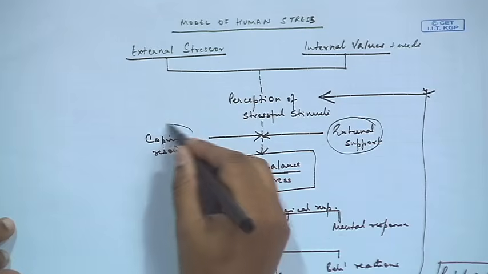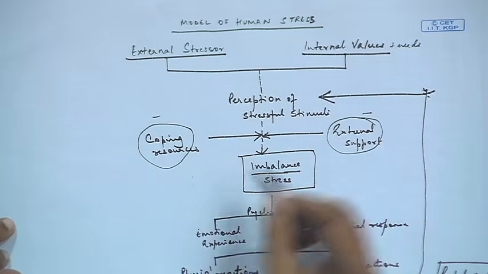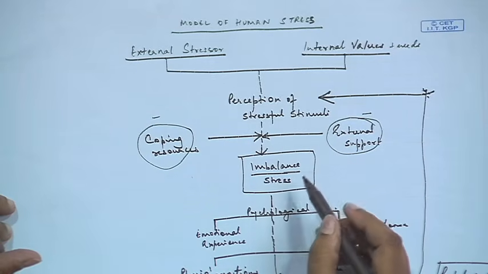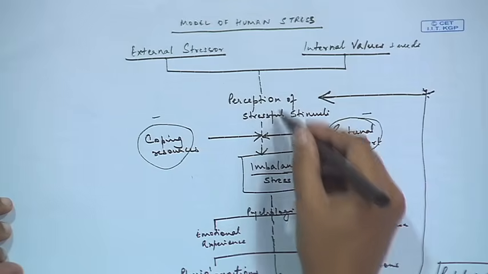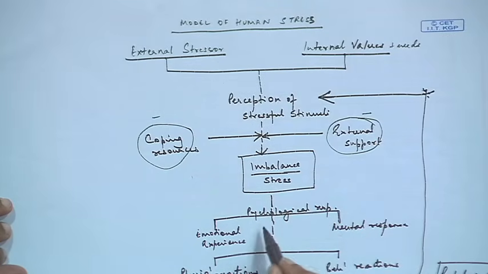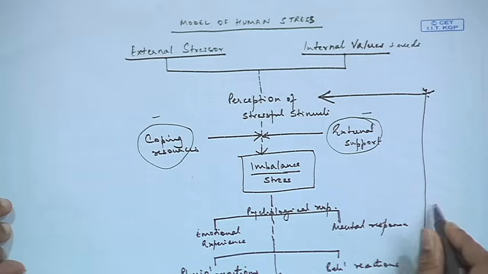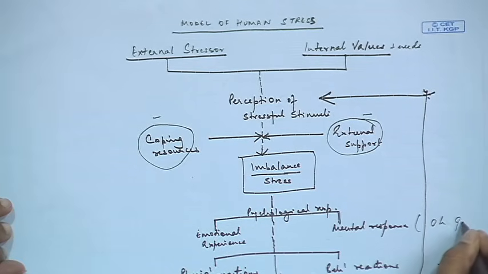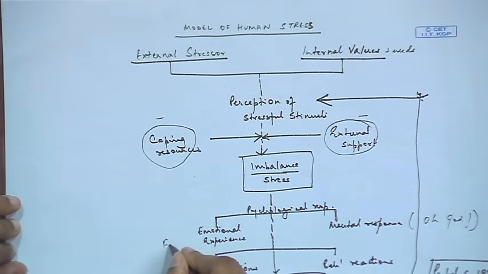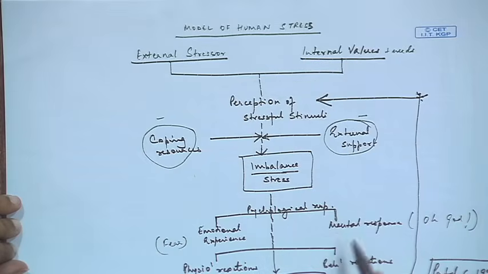But if these two things are absent, the coping resources and the external support, or these don't add up to help him deal with the situation, then it will bring about an imbalance or stress. Now, we have the psychological response that can be divided into the emotional experience of the stress as well as the mental response. So, it could be something like, oh God, I can't deal with it, or the emotional experience of fear, and these bring about the physiological reactions.